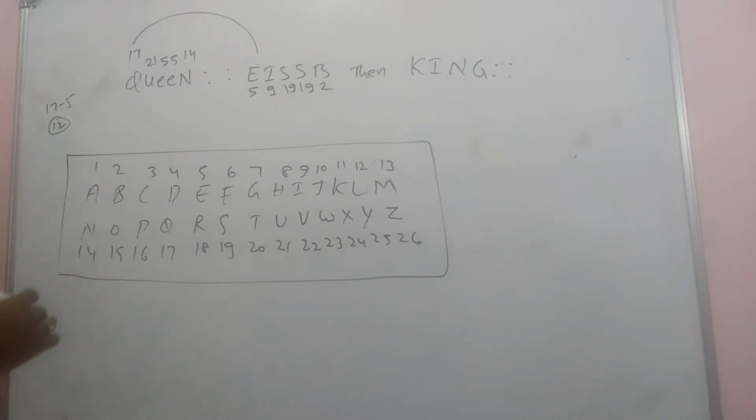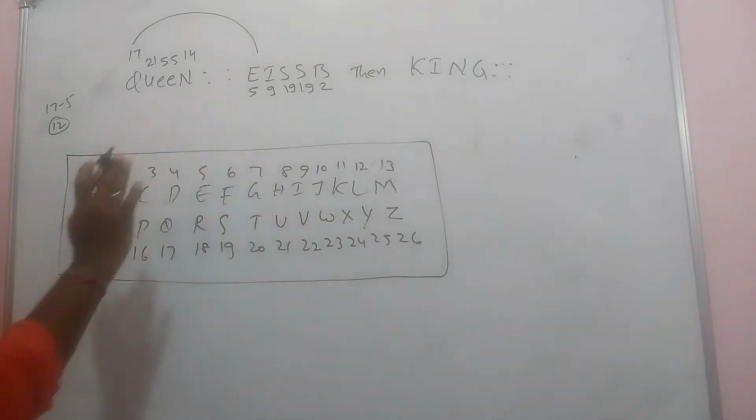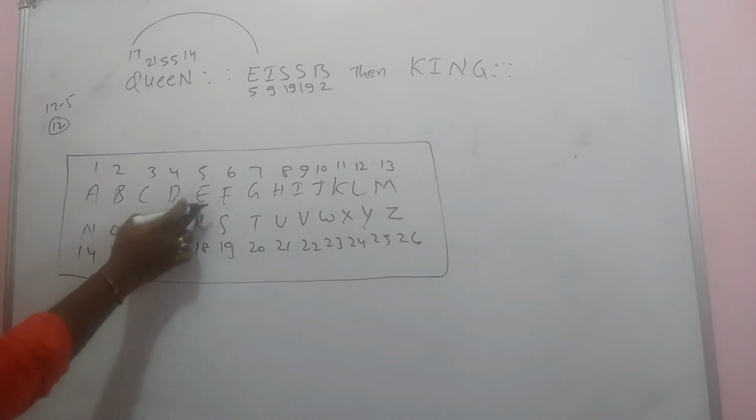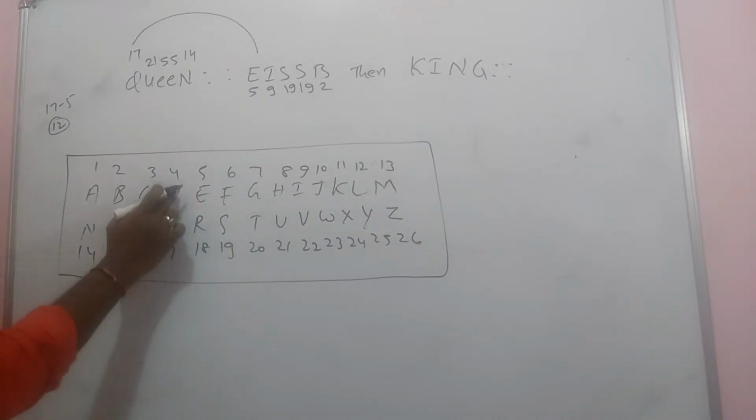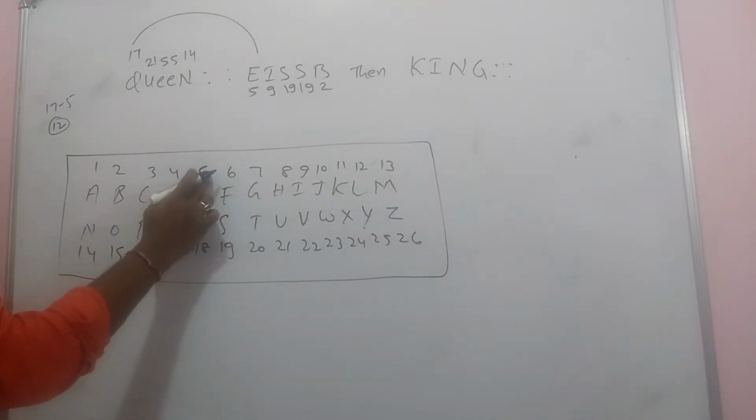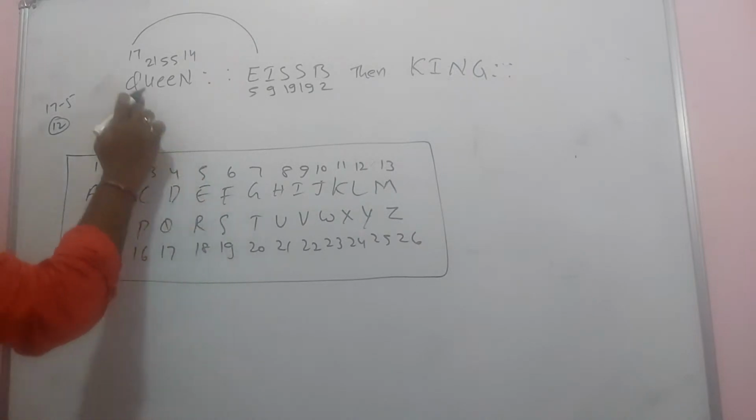You can see what is happening here. Q is here, next is E. So corresponding next number I am getting.